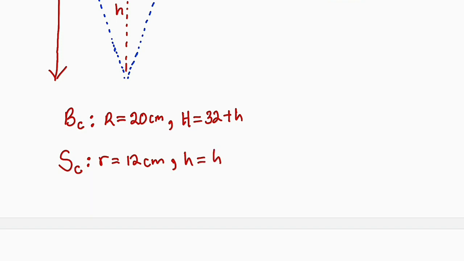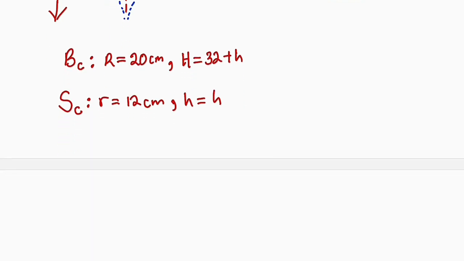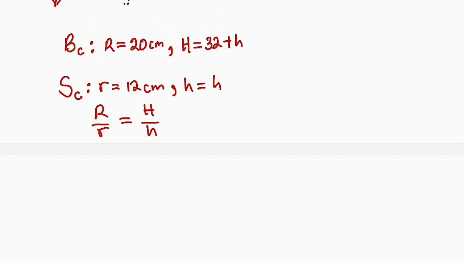So you should know that according to similar shapes, capital R divided by small r is equal to capital H divided by small h. Capital R is 20, small r is 12, capital H is 32 plus h, and small h is h.